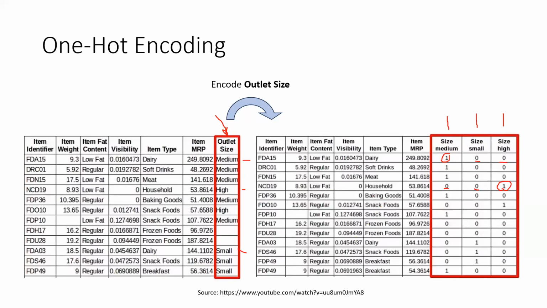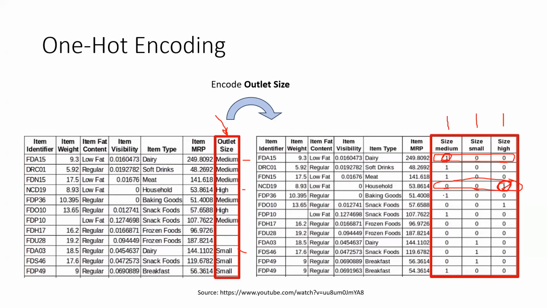Similarly, when you convert this categorical value into one-hot encoding, right? So this is known as one-hot. What do you mean by one-hot? That means if you take this kind of vector, there's only one hot spot in this vector.